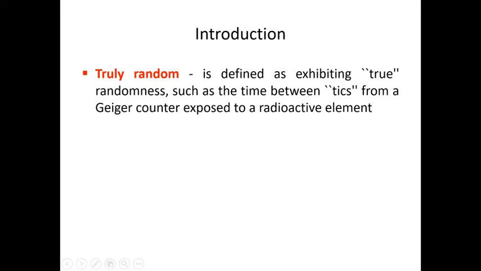Let's say, for example, the recording of ticks in a Geiger counter. Remember, we use a Geiger counter for measurements with radioactive elements, even with respect to earthquake measurements. So whatever ticks we measure from that is something which is truly random.